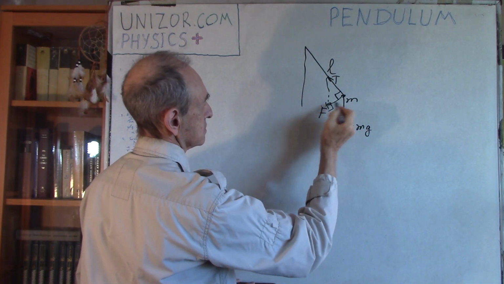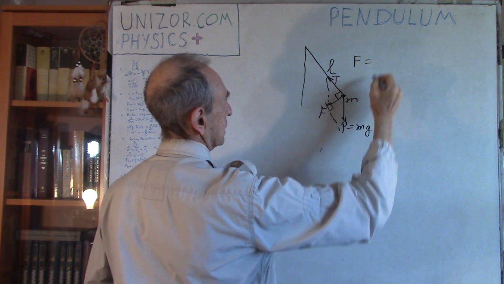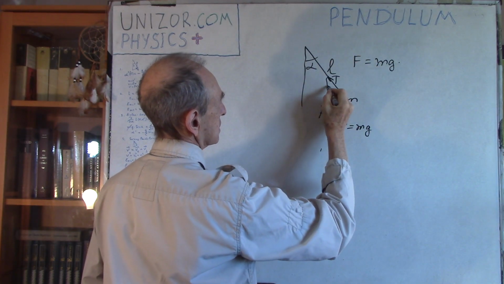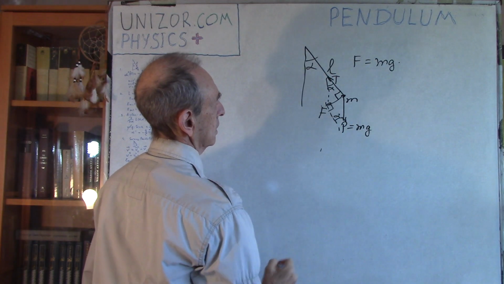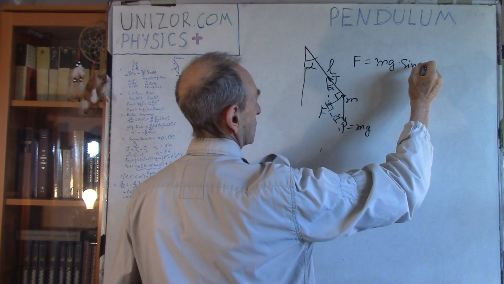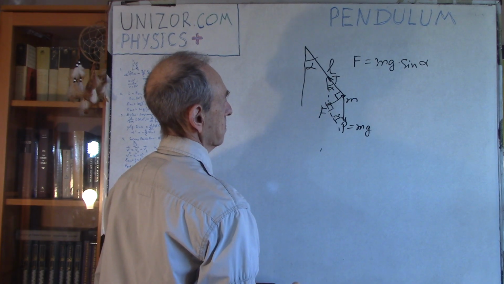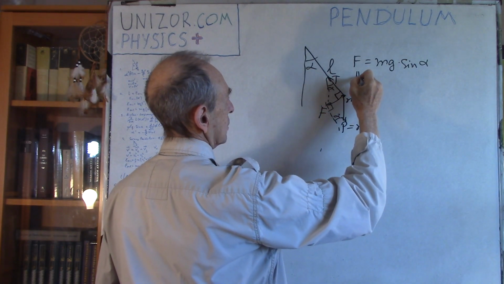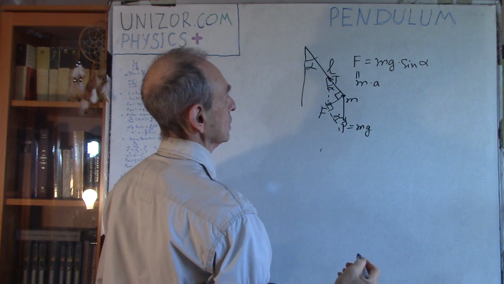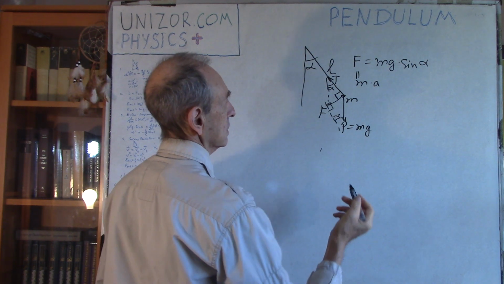So this particular force is equal to the weight, which is mg, times, if this is angle alpha, sine of alpha. Now the force is, according to Newton's second law, m times acceleration.